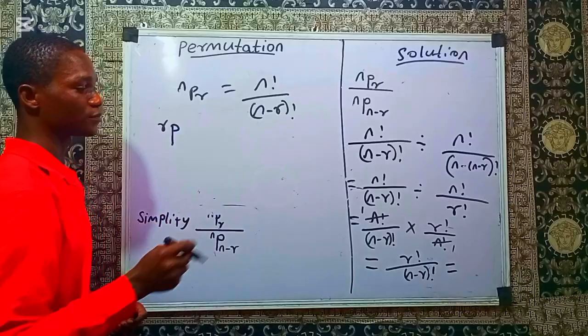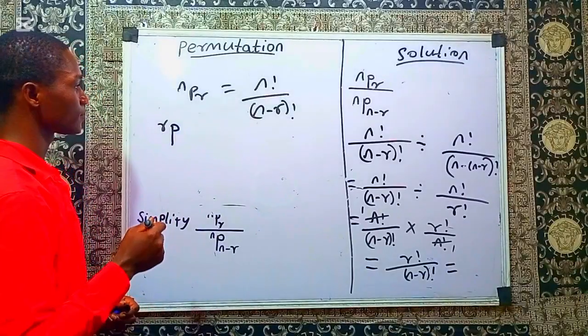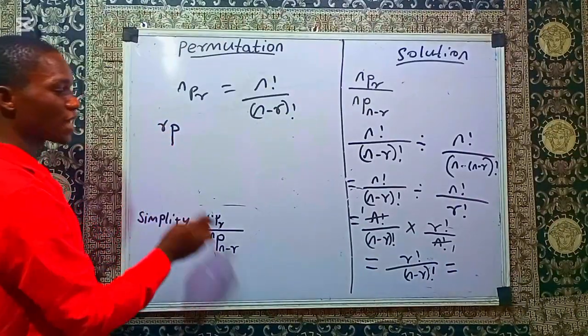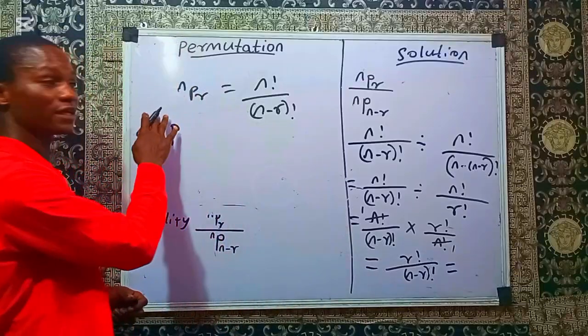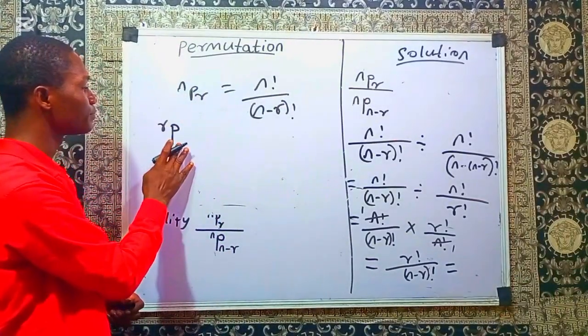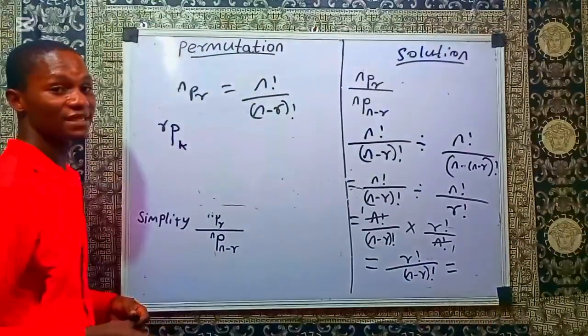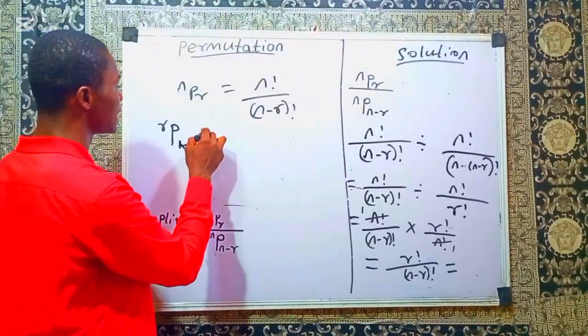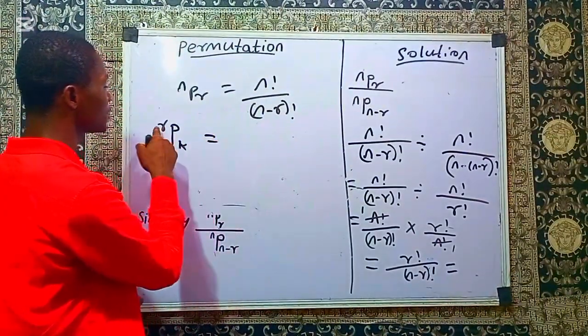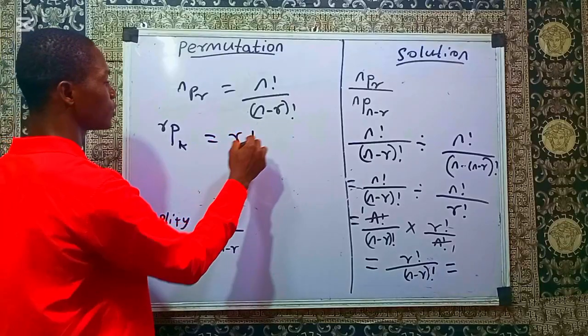So let's solve and get it. I know that I'm supposed to have r here, which is correct, but permutation what? How many should I select? I don't know. Let me say that I'm selecting k of them.